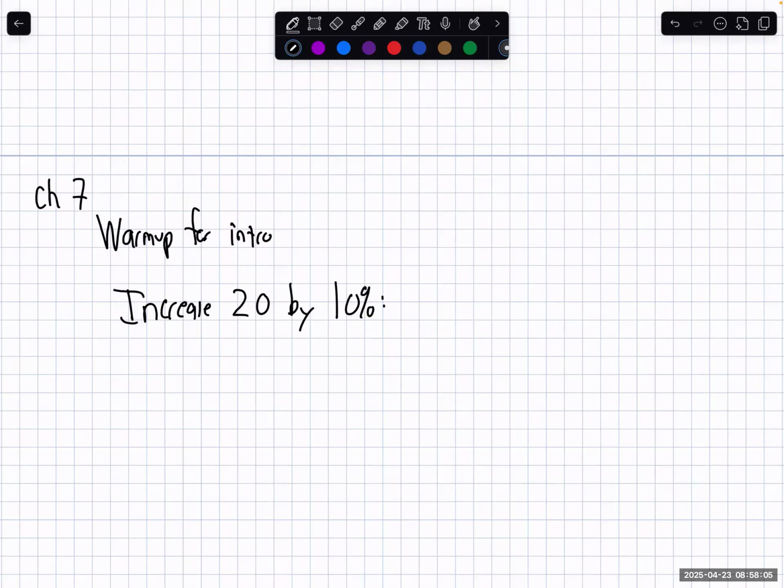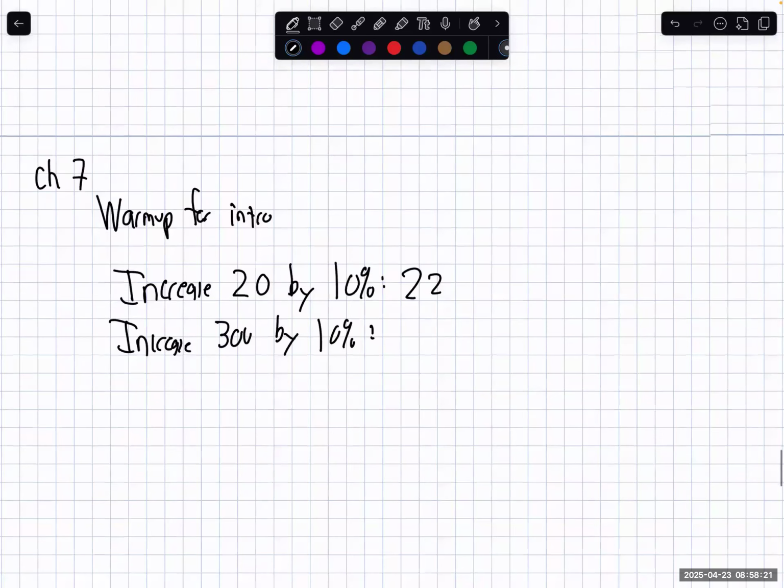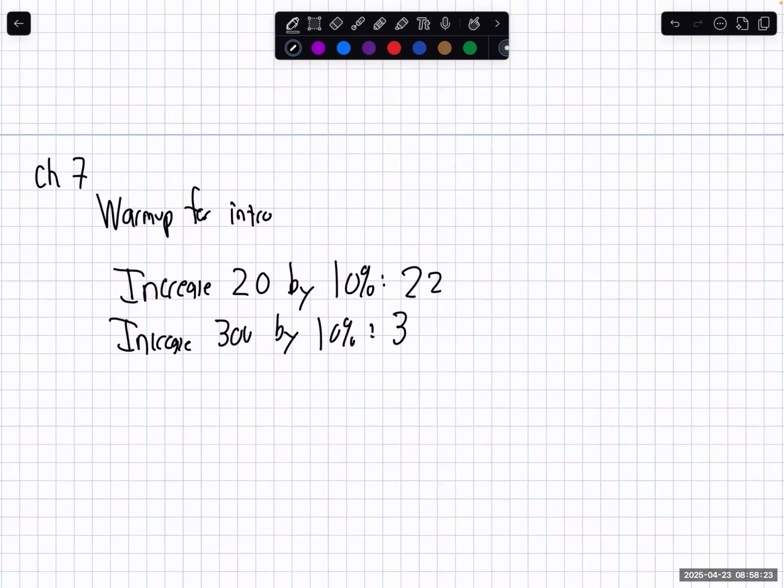If I take 20 and increase it by 10%, what do I get? 22. Increasing 300 by 10%: 330.